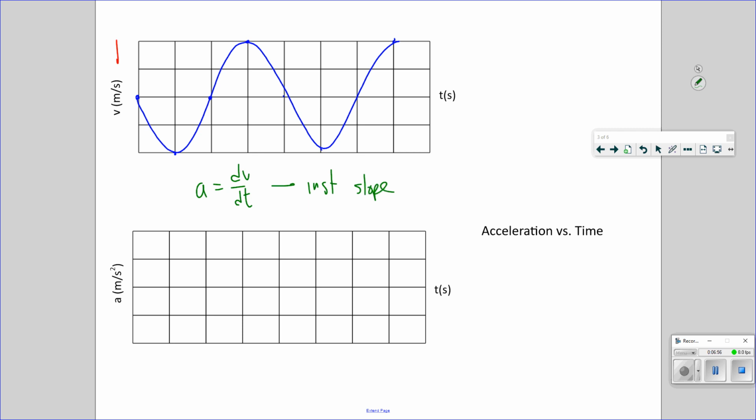So the instantaneous slope of this velocity function, well, right now is big and negative, and right now is 0, and right now is big and positive, and right now is 0, and right now is big and negative, right now is 0, right now is big and positive, right now is 0, and so we get this function.